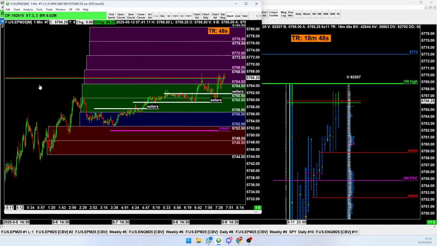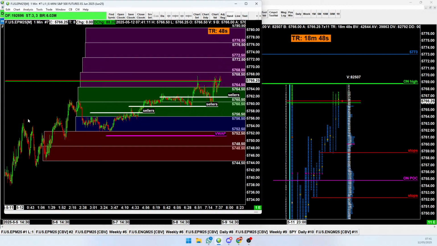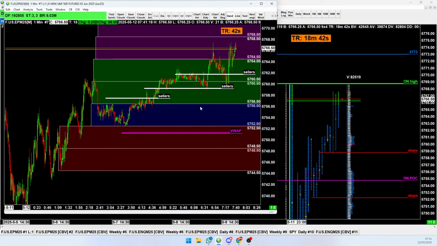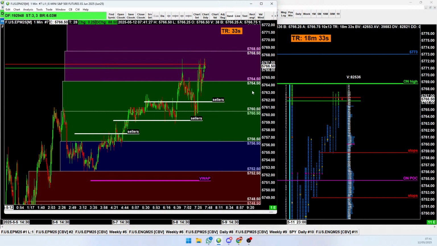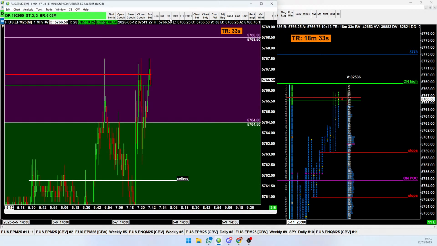If you're a scalper, you want nice clean movements, right? So how do you trade this if you can't scalp it? Because there's really no movement. The only way to trade this is to trade it by building small positions.